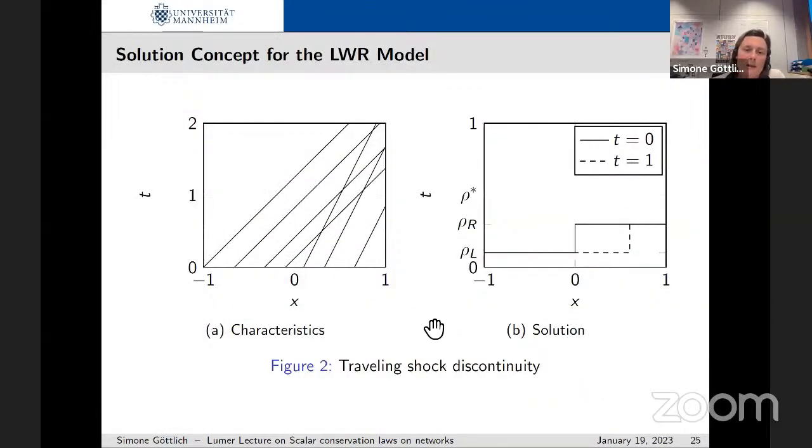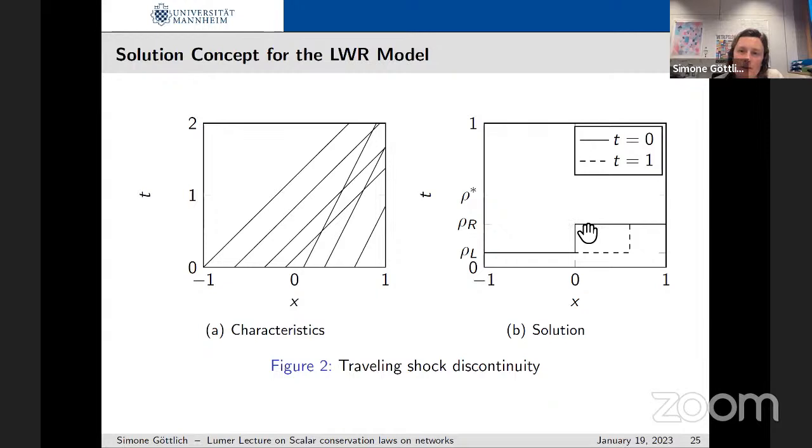So let me explain these 2 things in some detail using these 2 pictures. On the left, you see the characteristic plot for the case that we have a traveling shock discontinuity. This would be here if we go to the right picture, where we see that rho L is smaller than rho R in the beginning.